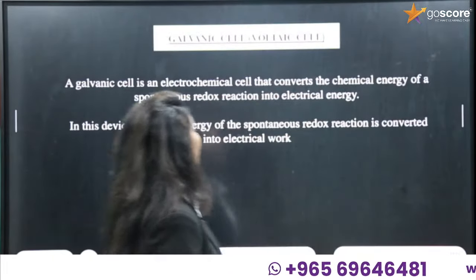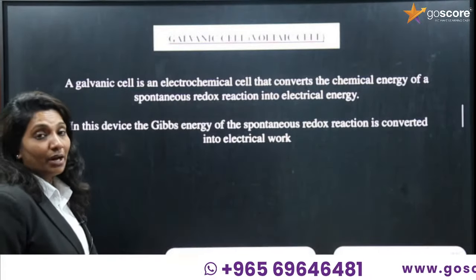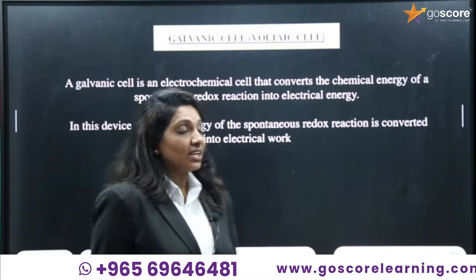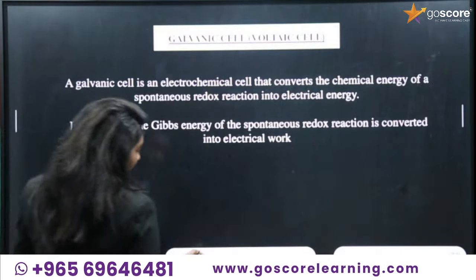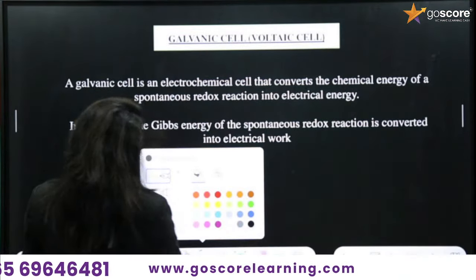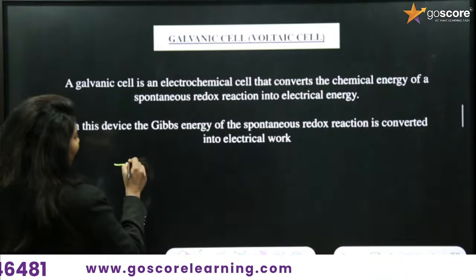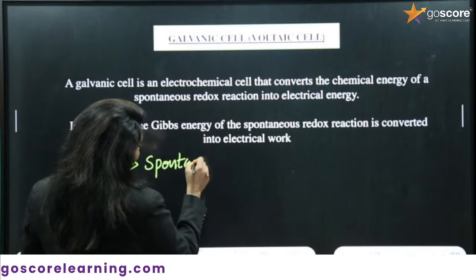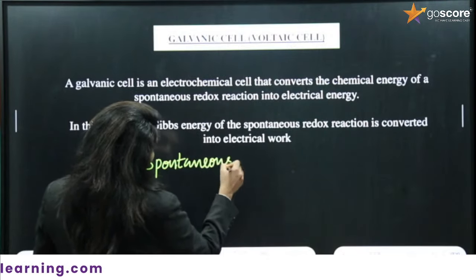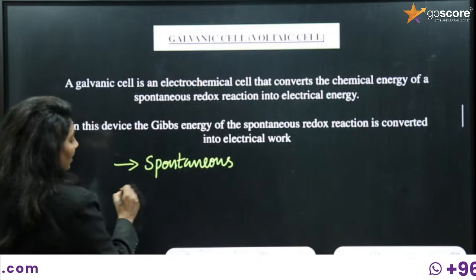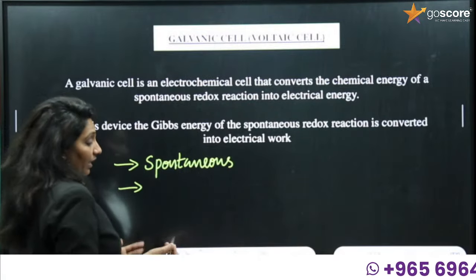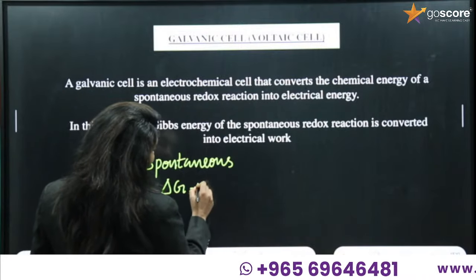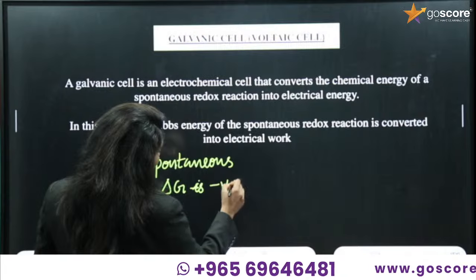Now we are going to discuss in detail the galvanic cell. What are the points we know about the galvanic cell? We have already discussed galvanic cells and we know that in a galvanic cell the process is spontaneous, and for a spontaneous process the delta G value is negative.